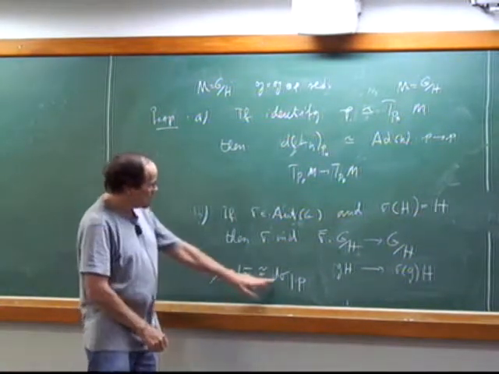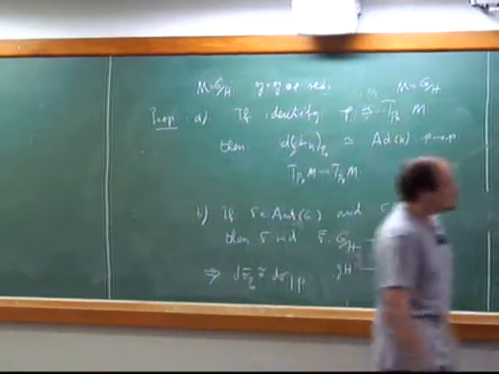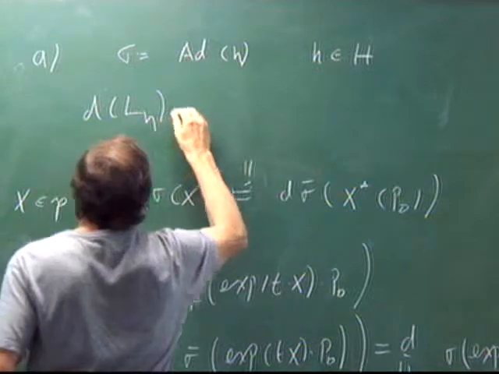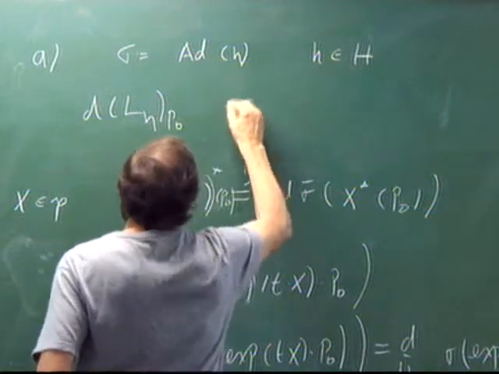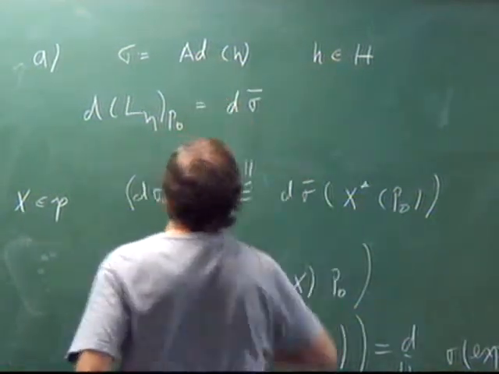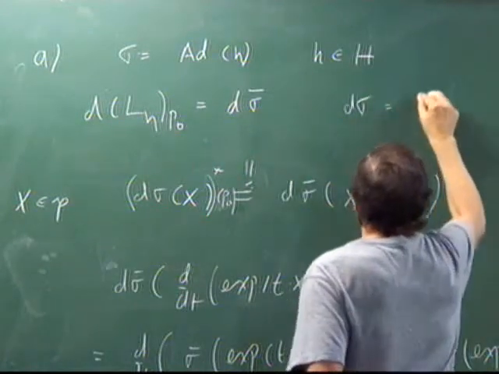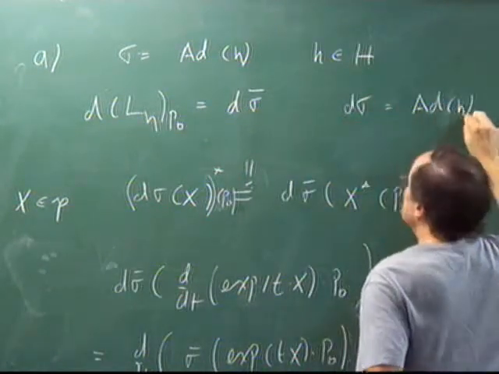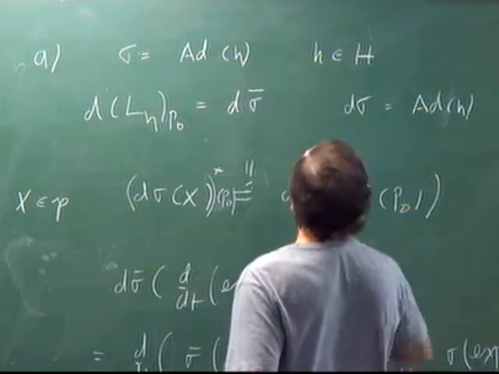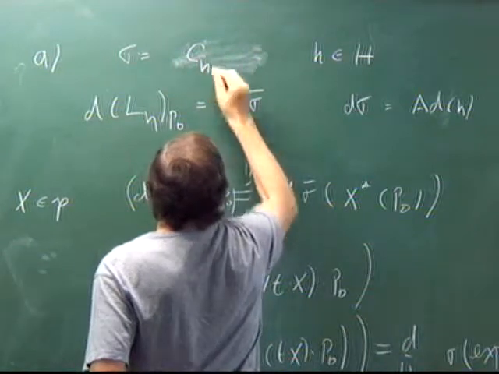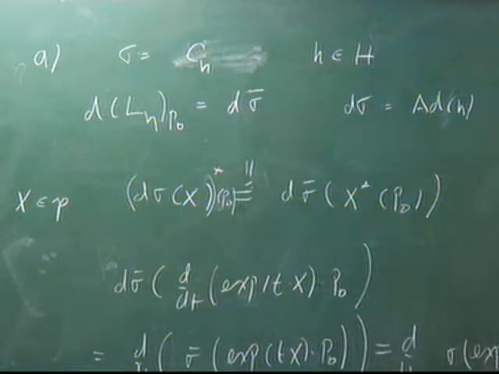Right? This becomes d sigma. So that's d sigma bar, this notation over there. And d sigma is simply Ad h. Sorry, conjugation by h. And then d sigma is Ad h.